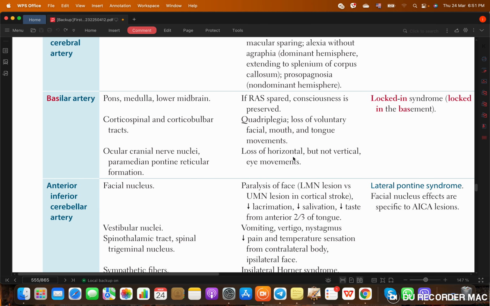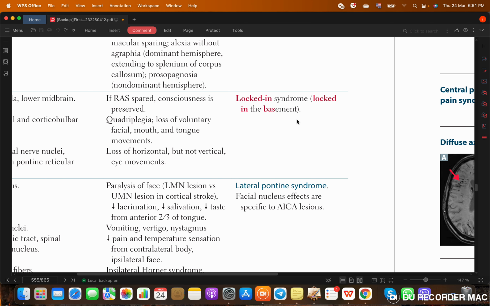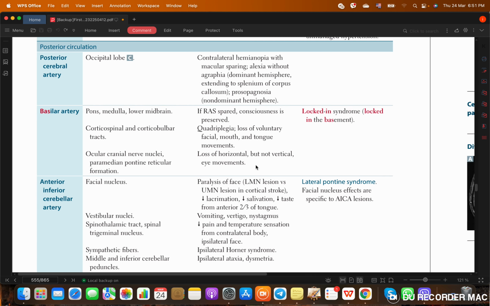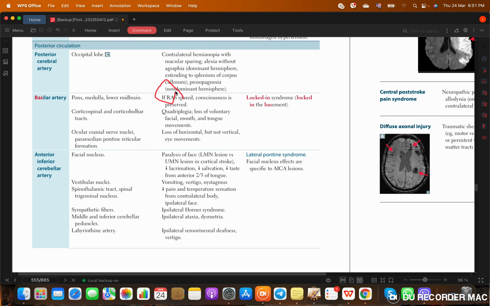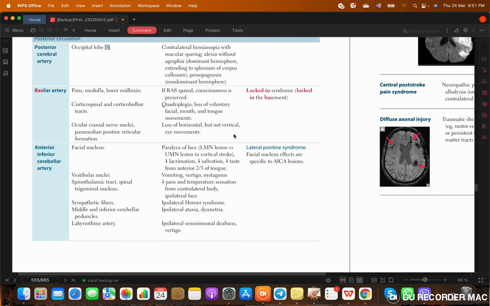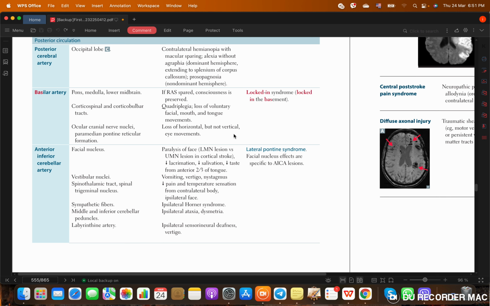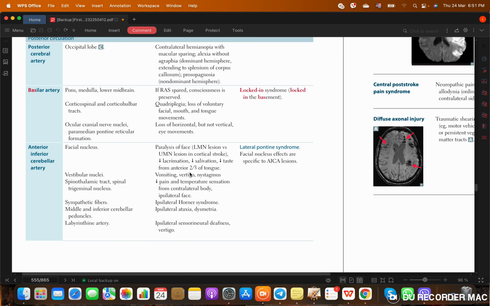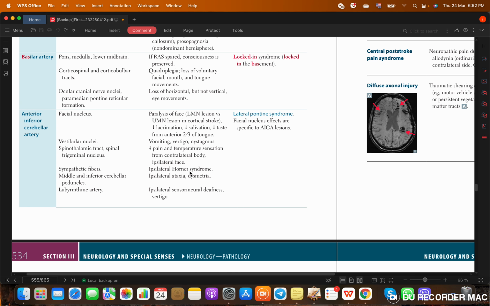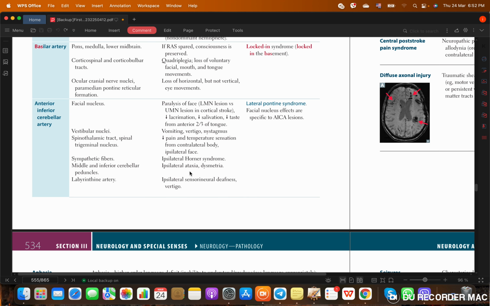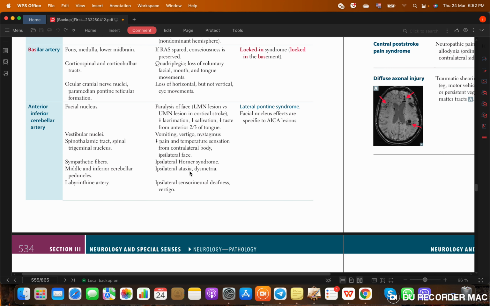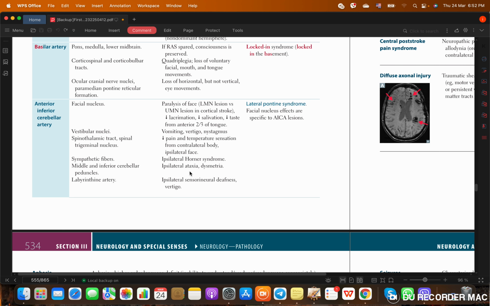So loss of horizontal, not vertical eye movement, locked-in syndrome, basically the patient, if the RAS was spared, knows what is happening around him, but he literally cannot move any little muscle in his body. He's totally paralyzed. Everything. So he cannot even open his mouth. He's just sitting there. Is he conscious? Yes. Can he hear you? Absolutely yes. Can he see you? Yes.